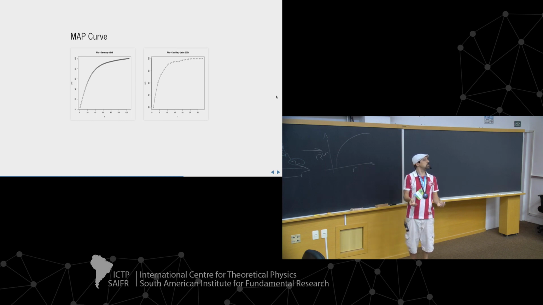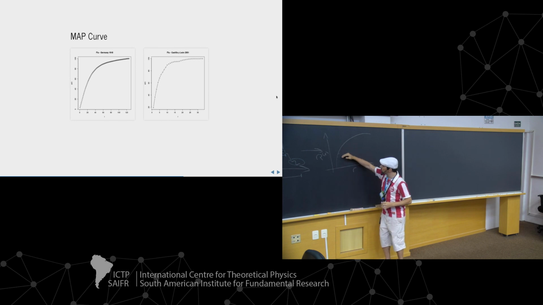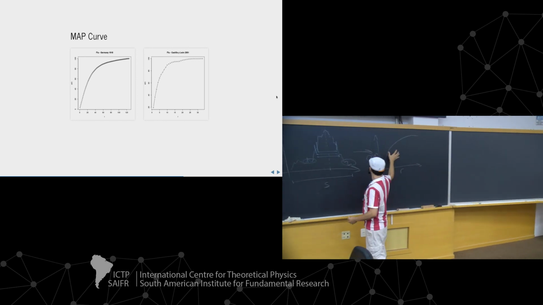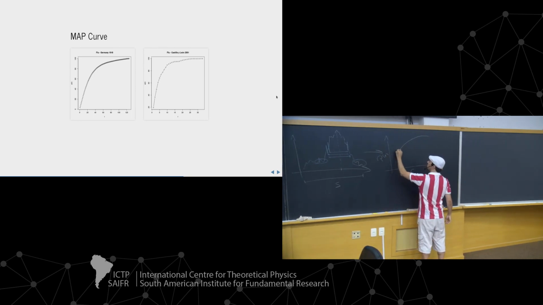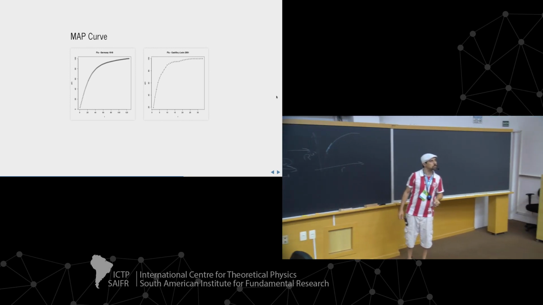So I could, for instance, establish an a priori threshold on my derivative. So instead of putting a threshold in the MAP curve itself, I put a threshold on the derivative of this curve. Say, if I put a value corresponding to an angle of 45 degrees, for instance.